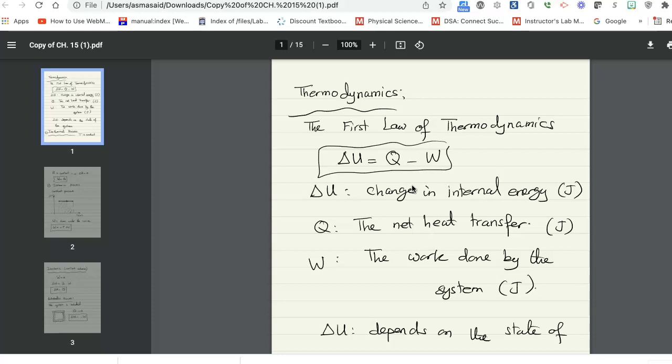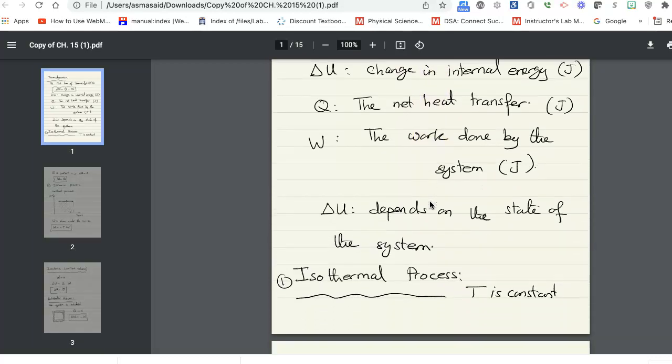Q is the net heat transfer. Net heat means that sometimes the system absorbs and sometimes it gives off, and this is really the net. W, in my definition, is the work done by the system. If we talk about the work done on the system, it is going to be negative. This is very important in our definition.